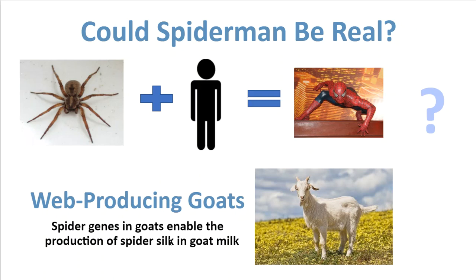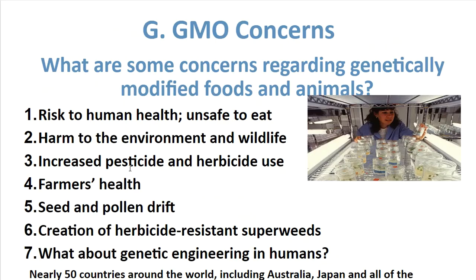So again, this is what we hope to use it for in the future, but the goat does not produce it in large enough quantities to make it actually useful. So these are all good things that we can use genetic modification for, but there are also concerns.